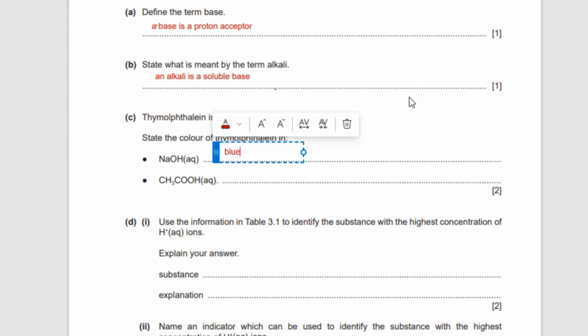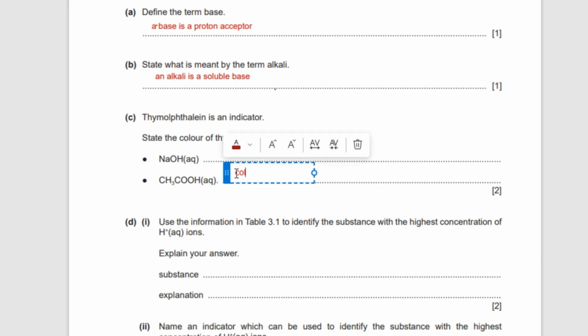But in any acid, phenolphthalein is colorless. A similar indicator that is in your syllabus that you should know is phenolphthalein. It will also give you a colorless color in an acid, but pink in a base.